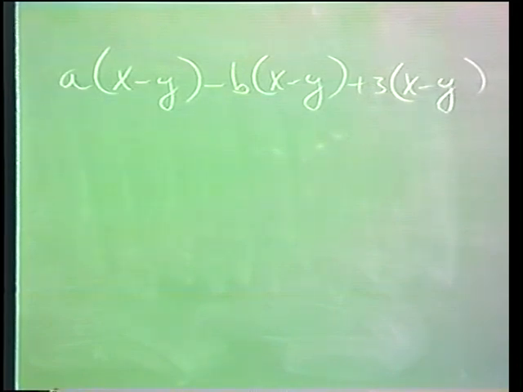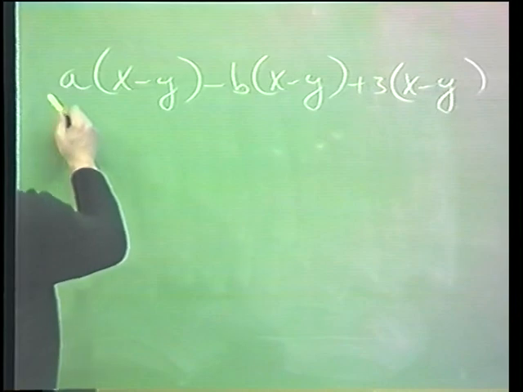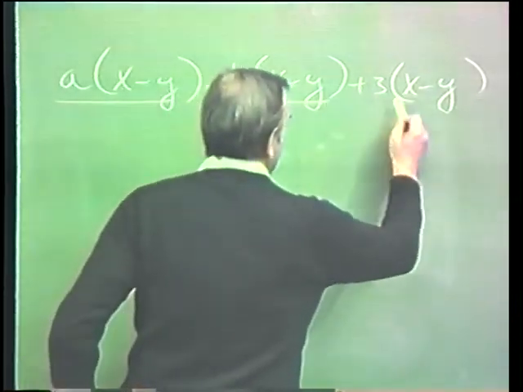Okay, I have some questions. My first question is this. How many terms are there in this problem? How many terms do you see? 3 terms. Very good. We have 3 terms. 1, 2, 3.